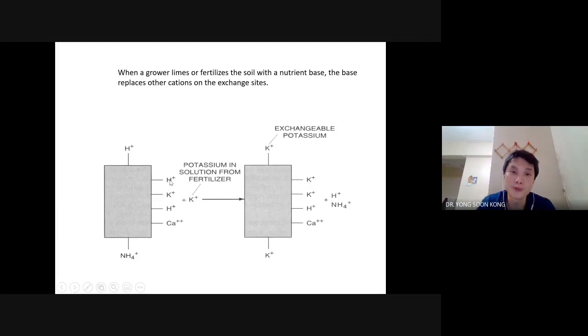And guess what? You lose the CEC. Okay? So how do we reverse that? Simple. Put lime. Not only can lime neutralize the pH of the soil, it can also bring back the fertility of the soil by reversing the decreasing CEC. They re-increase the CEC of the soil, and at the same time, calcium comes back in. So calcium also happens to be a nutrient.